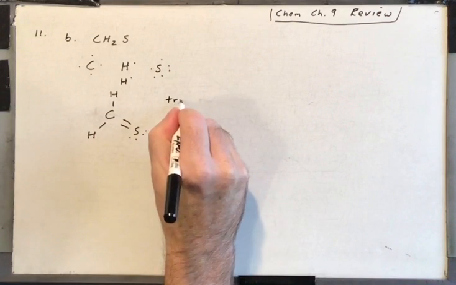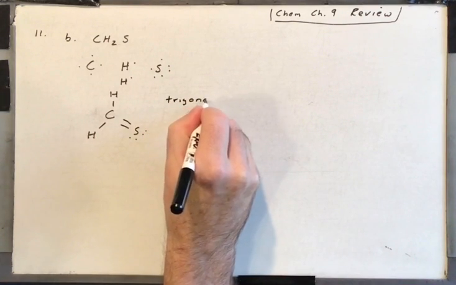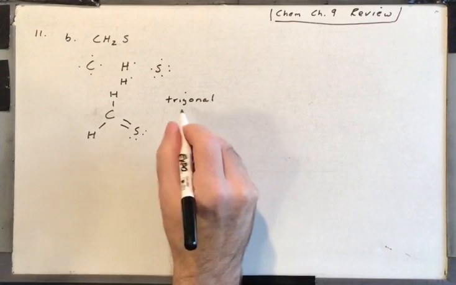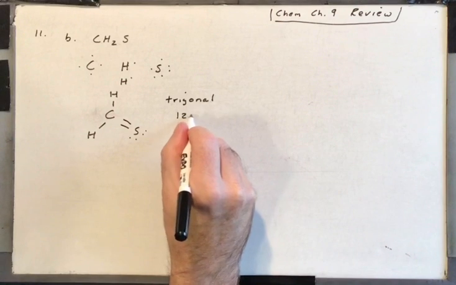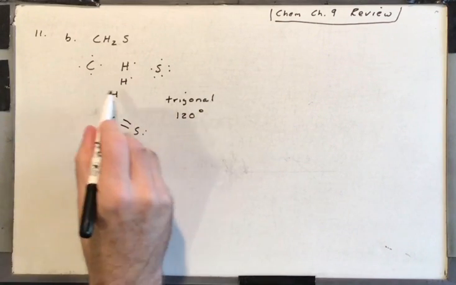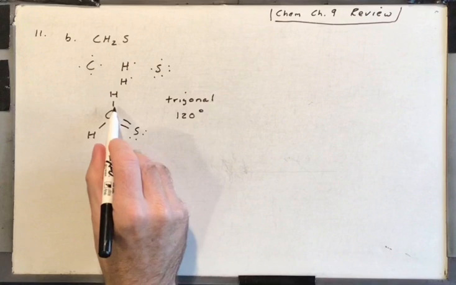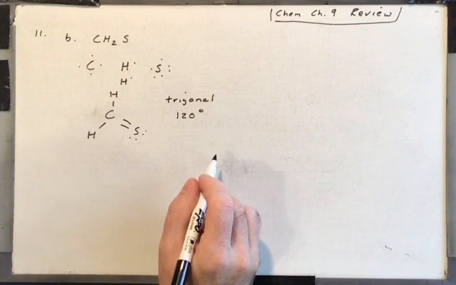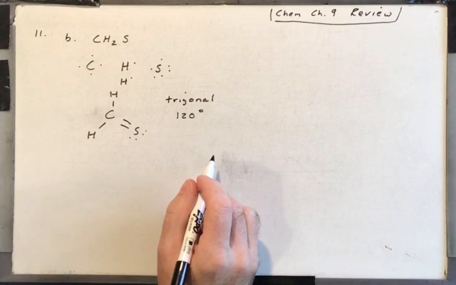The shape is trigonal planar. The bond angle, can you remember that? I'll give you a second. 120 degrees. A circle's 360, so a third of that would be 120. Will it dissolve in water?